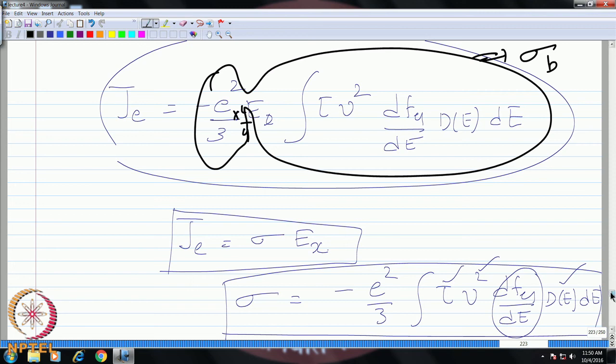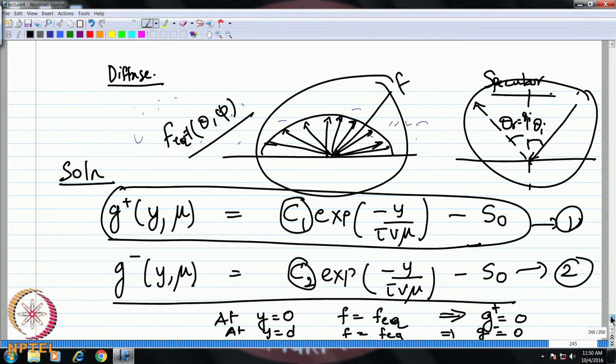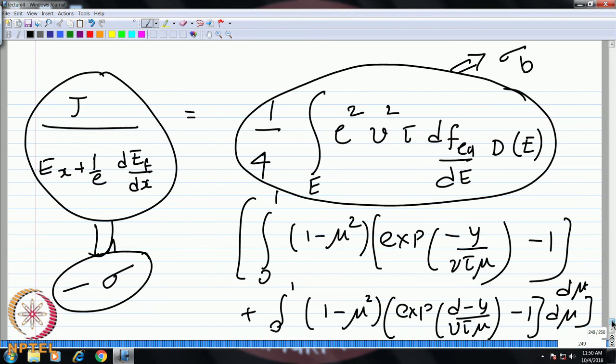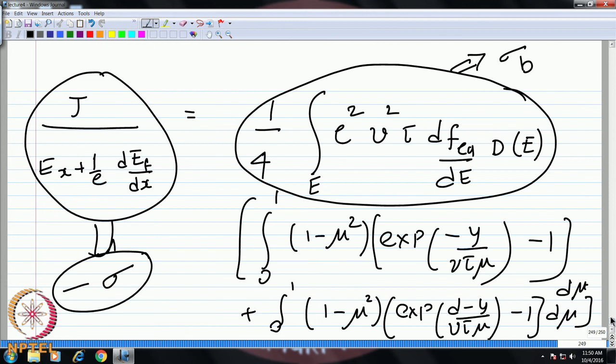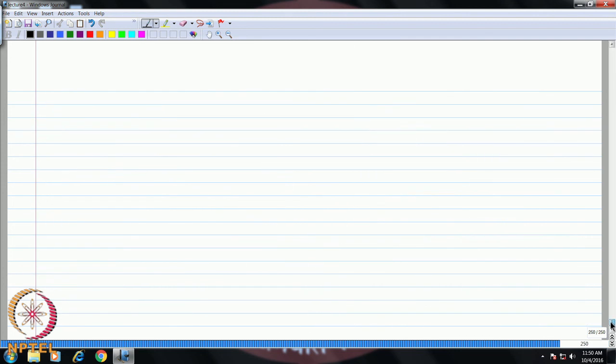So if you therefore write this in terms of sigma by sigma b, the expression on the left is nothing but sigma, and what we have is in terms of sigma b. Therefore, we can write directly an expression for the ratio of sigma by sigma b. So that will come out to be 1 minus 3 by 8.